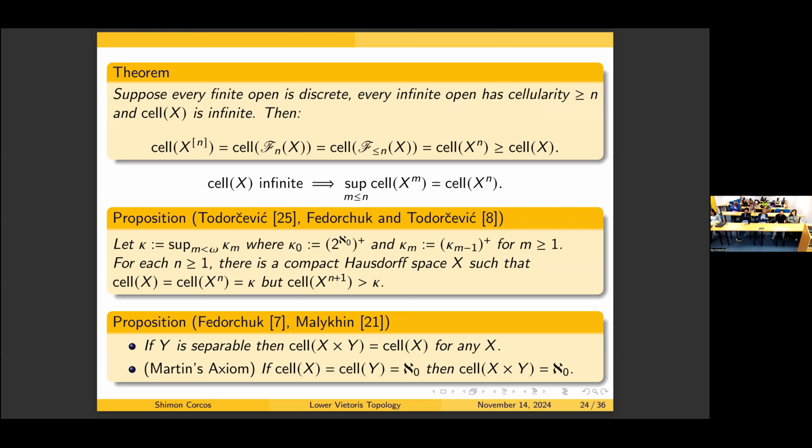So one question that you may ask is this: does this inequality ever become strict? Yes. In our version of set theory, yes, it does.